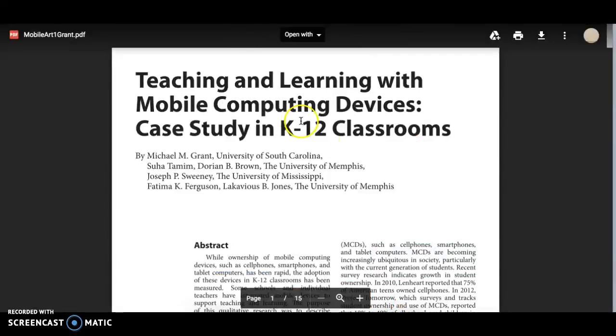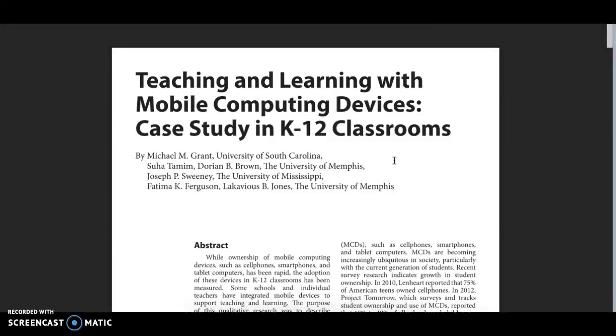And then in the article we read about teaching and learning with mobile computing devices, what stuck out to me was that mobile learning is learning across multiple contexts through social and content interactions using personal electronic devices. Talking about how we need to engage learners with constant connectivity to foster collaborative learning and to enable authentic learning on the move.